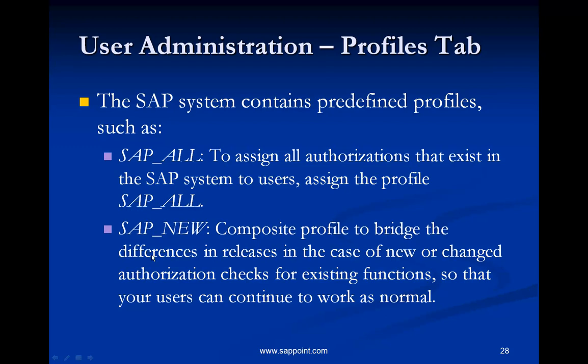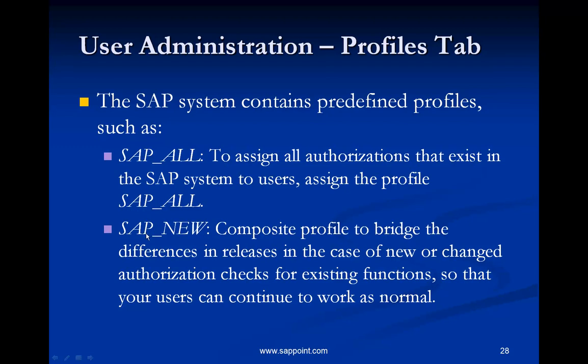Now, along with SAP_ALL, you have another profile delivered by SAP called SAP_NEW. Now this is a composite profile to bridge the differences in releases in case of new or changed authorization checks for existing functions, so that your users can continue to work as normal.